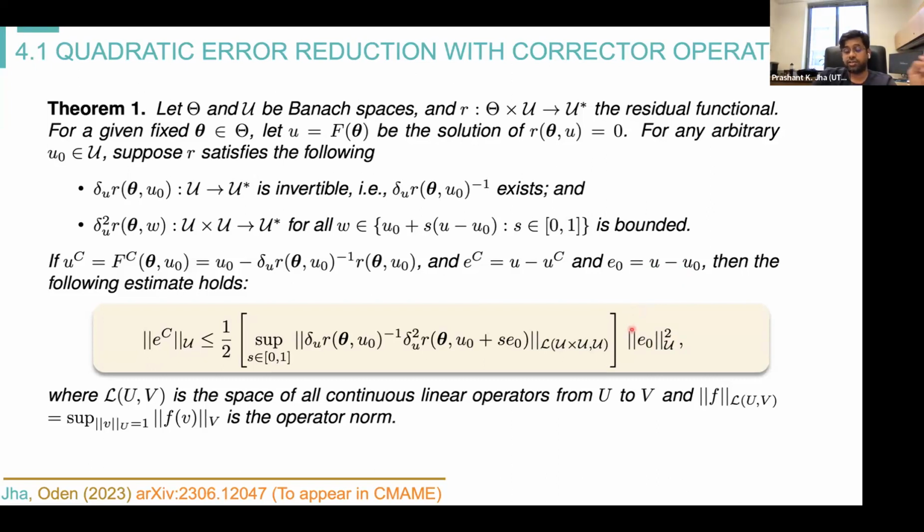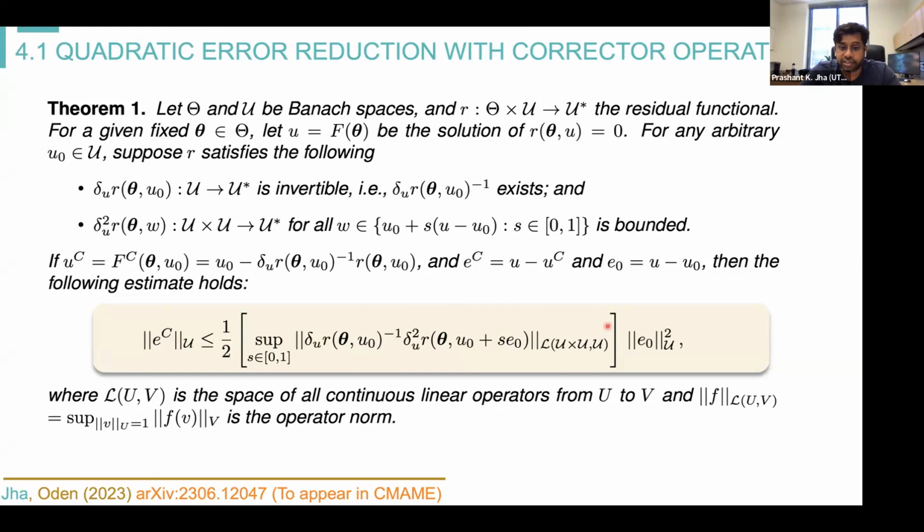And this is why this is of interest to us. If E0 is already small, then the new error will have a quadratic order of reduction in error, right? Because of this relation.